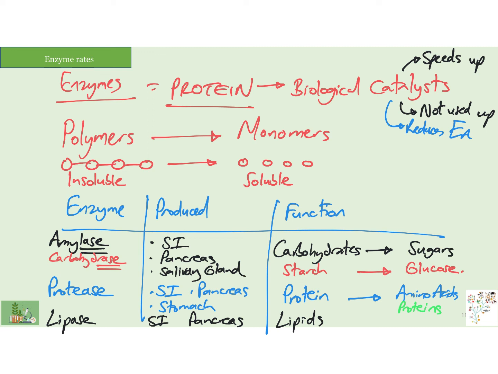So lipids is just the scientific word for fats, and it breaks down lipids, and this is the one most people tend to forget, into things called fatty acids and glycerol.